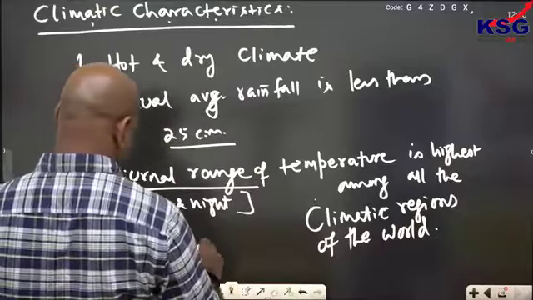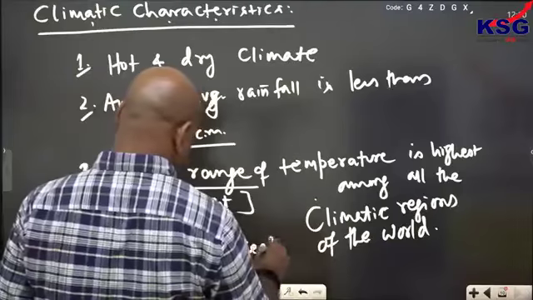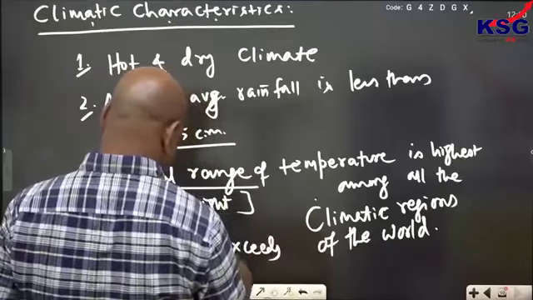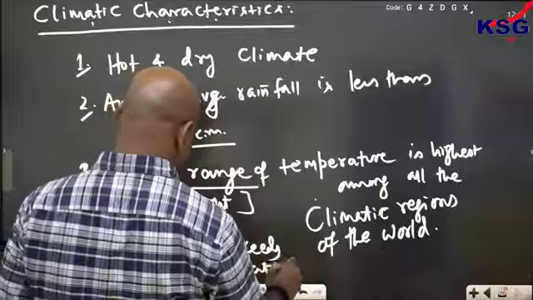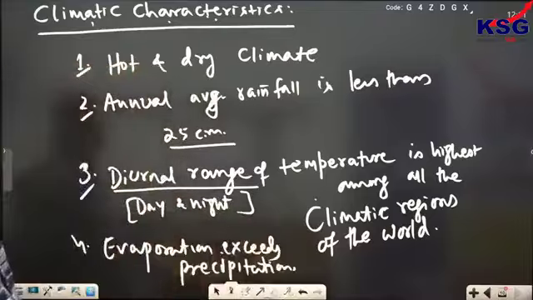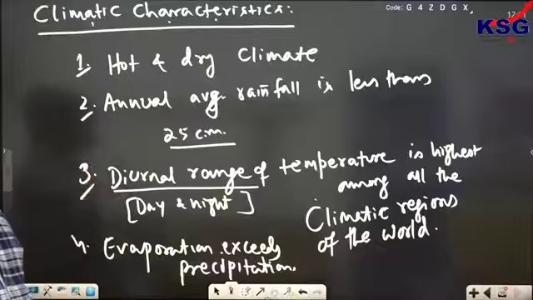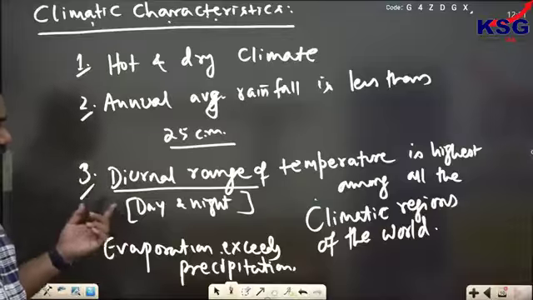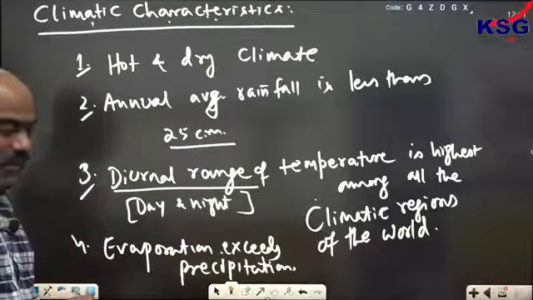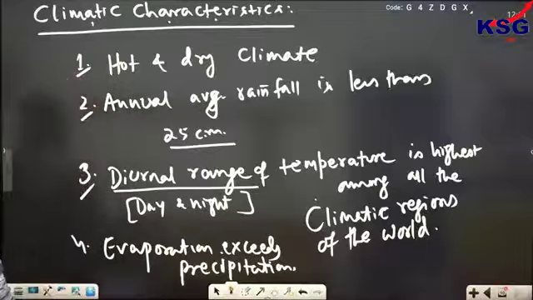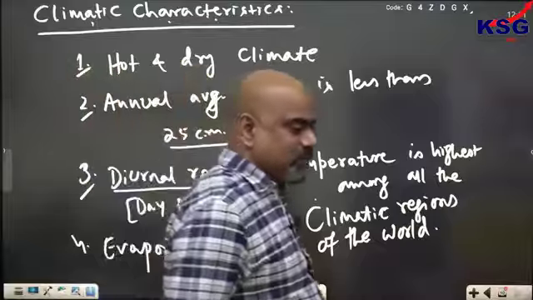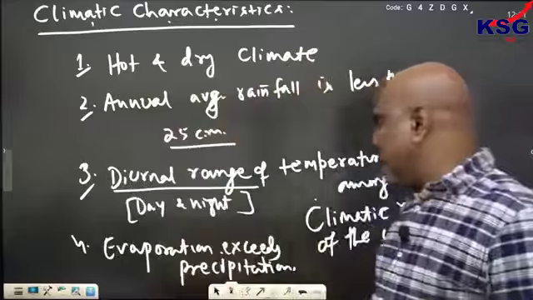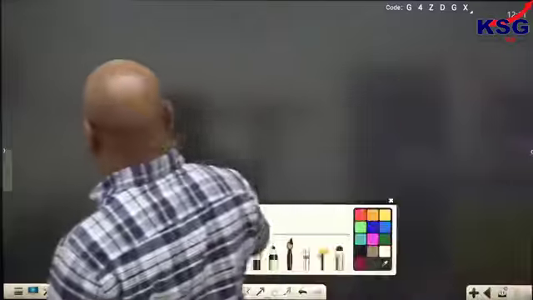That is understood from this point: hot and dry condition, evaporation exceeds precipitation. So this is a permanently moisture deficit region. If there is rainfall at all, mean rainfall will never exceed 25 centimeter. Okay, so what type of natural vegetation will you have? Let us look now at natural vegetation.